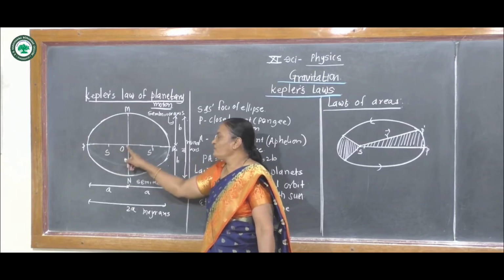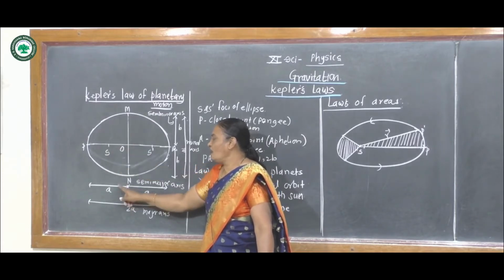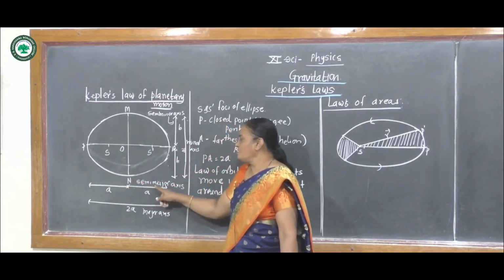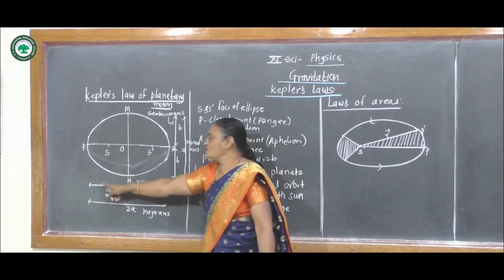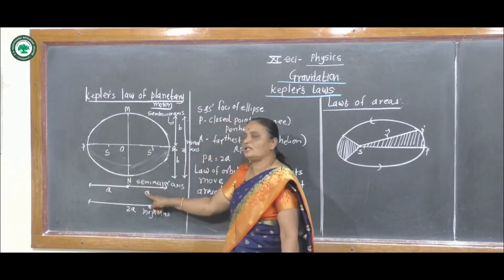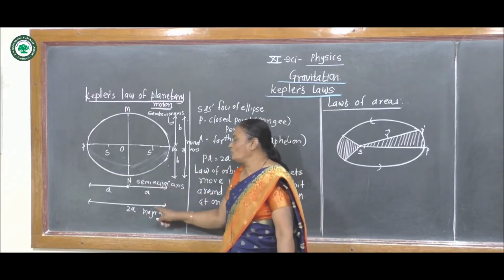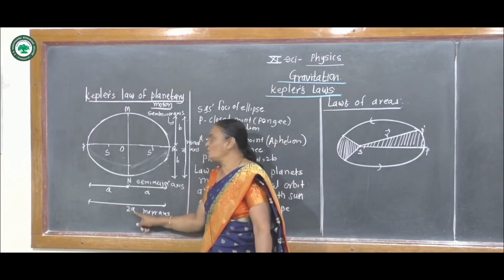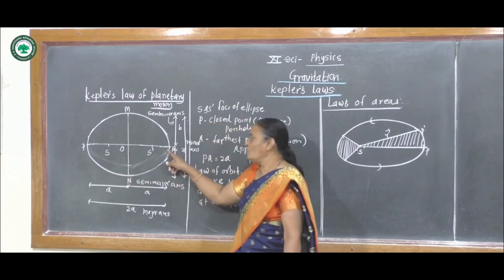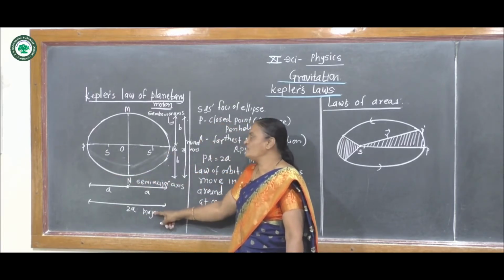Now see, this distance A is called the semi-major axis. This is the A distance, and this is also A distance, called the semi-major axis. The total distance is 2A, called the major axis.